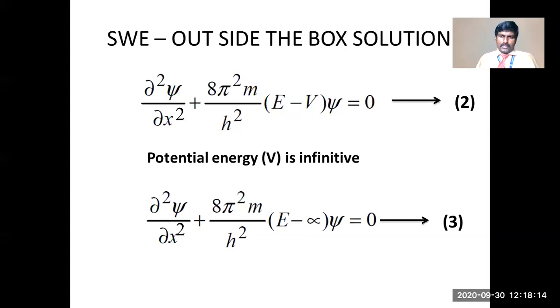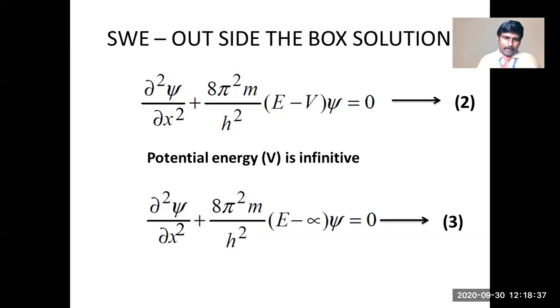So now outside the box, V is equal to infinity. Let us substitute V equal to infinity in equation 2. What will happen in the place of V? If you keep the potential energy as infinity, the total energy is very small, because the potential energy is infinity.